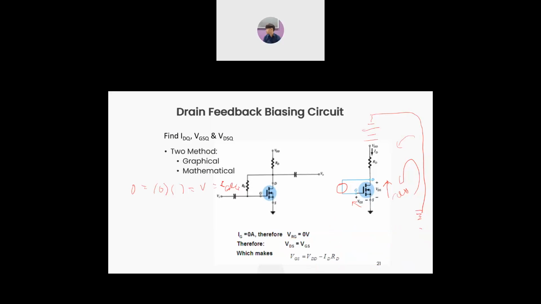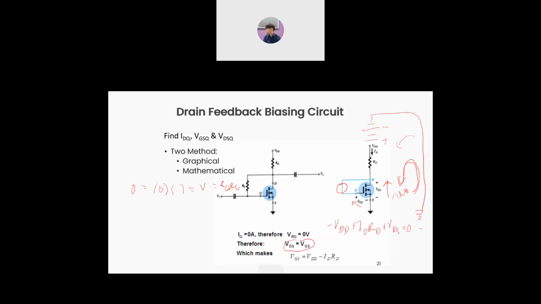It's difficult to draw like this. If you see, this one is positive negative, this one is positive negative, and I took this loop, this direction. Let's say I start from here. You have minus VDD, and then IDRD in the same direction, IDRD, and then plus VDS equals 0.